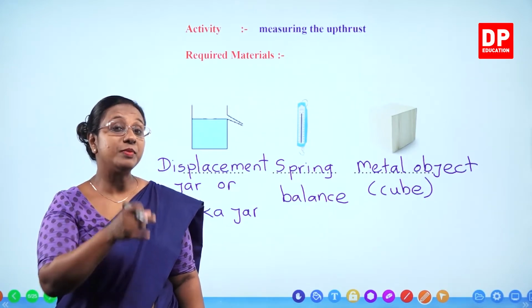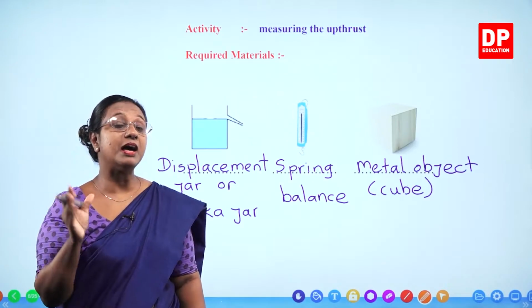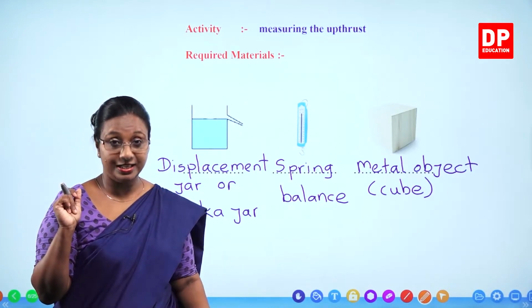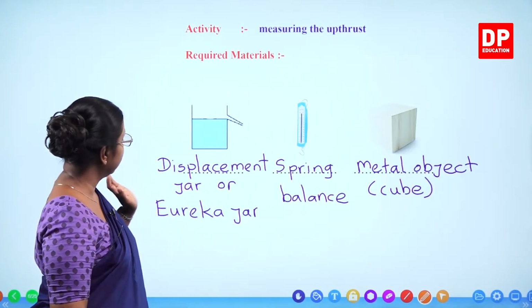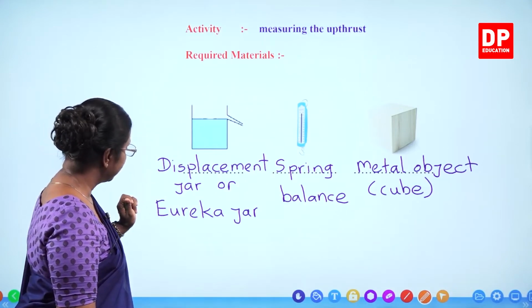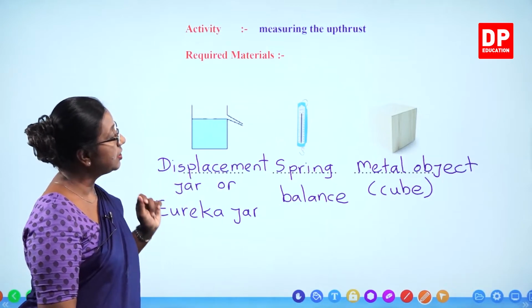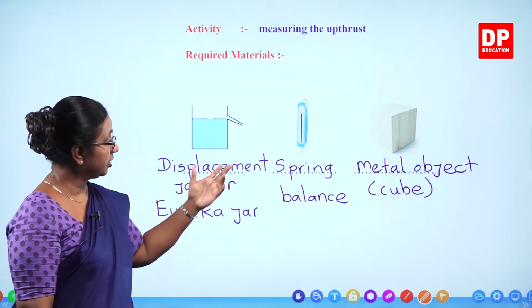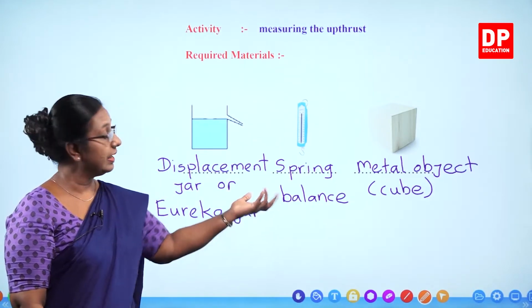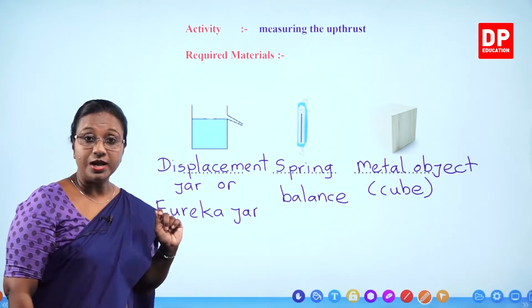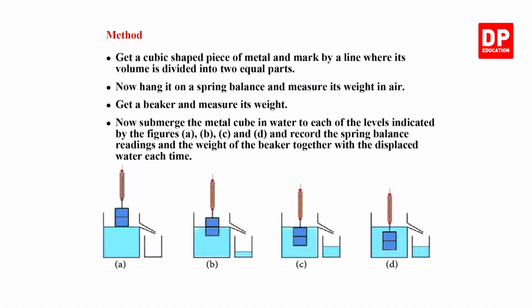Then it's easy for me to identify the middle mark and show you all the activity clear. So these are the materials that we need: a displacement jar or Eureka jar. Then we need a spring balance, and also we need a metal object or piece of metal cube. Anything is fine. So this is what we are going to do.